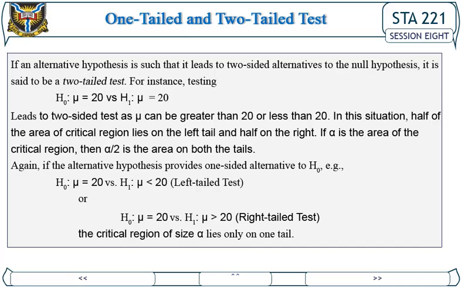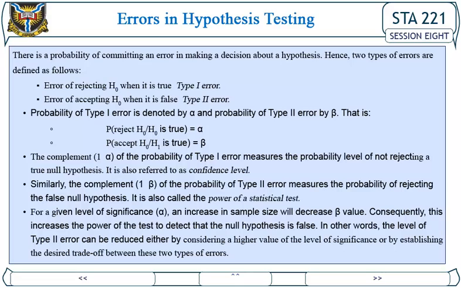In this situation, half of the area of critical region lies on the left tail and half on the right. If alpha is the area of the critical region, then alpha over 2 is the area on both the tails.